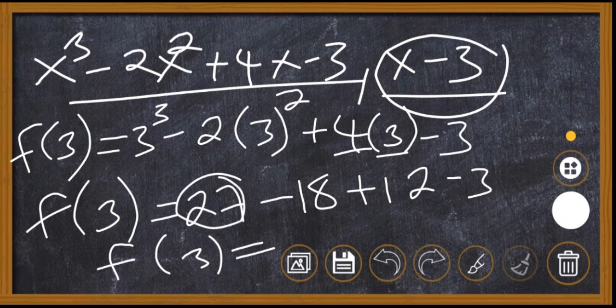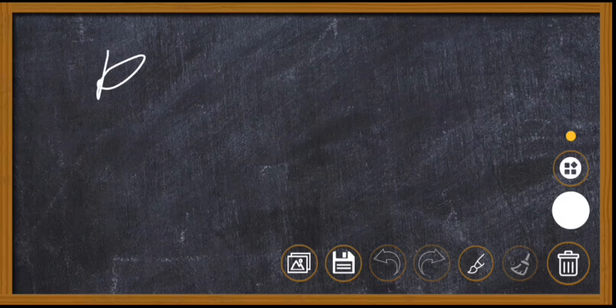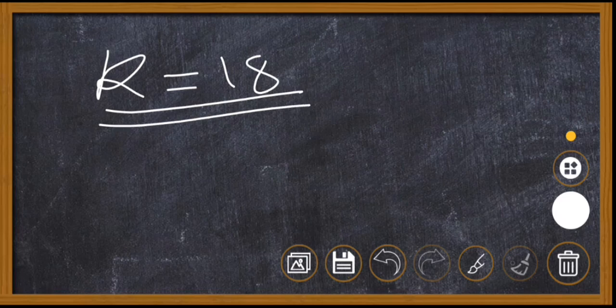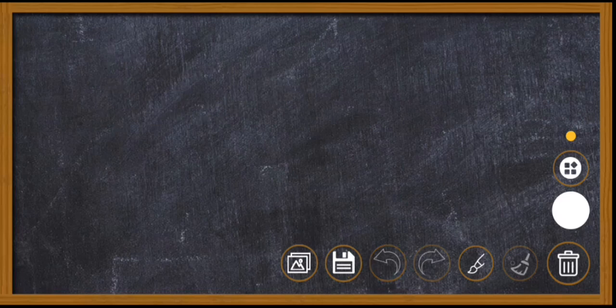It's 9. What is 12 minus 3? It's 9. So 9 plus 9 is 18. In this case our value is 18. So this implies that our remainder of the given function is 18. That's the answer. So you solve the given divisor and you replace the value of the divisor into the dividend.